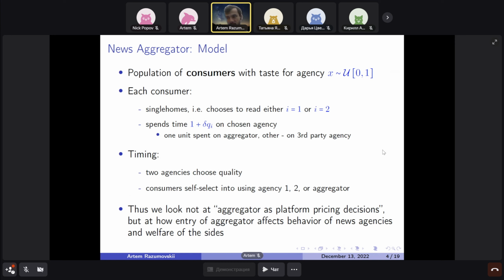And then consumers choose which agency or aggregator to join. That's how it goes. Then when the aggregator comes to the market, it affects two things, right?